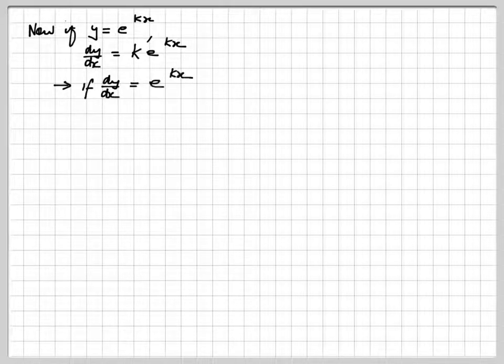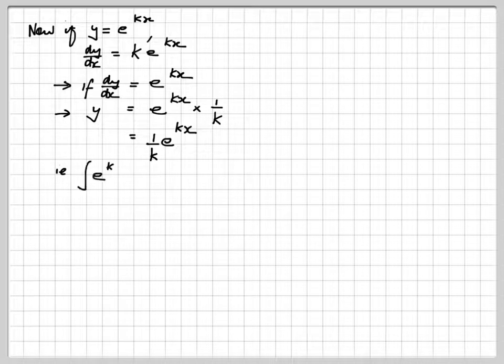So if you start off with dy/dx equals e to the kx, you will know, by putting a compensating 1 over k in there, similar to what we've done in earlier examples, that the antiderivative of e to the kx with respect to x is 1 over k e to the kx plus c. That's the general case.